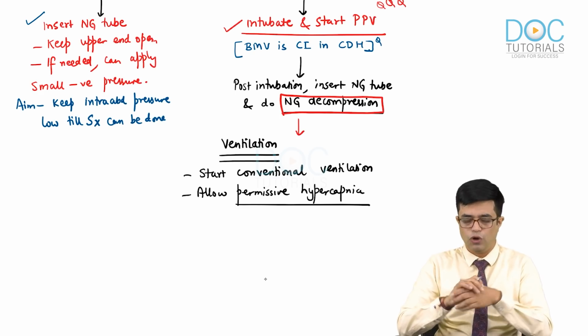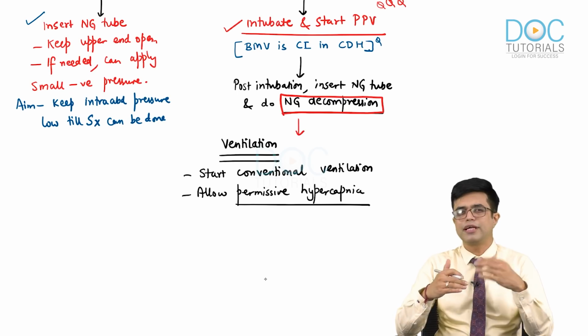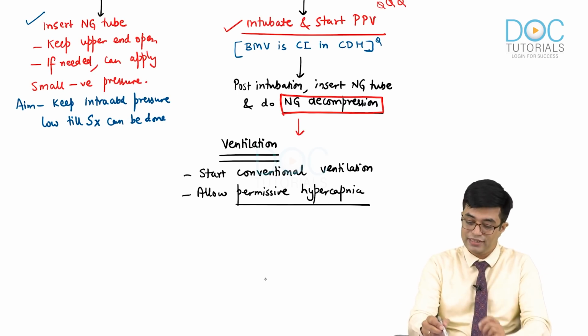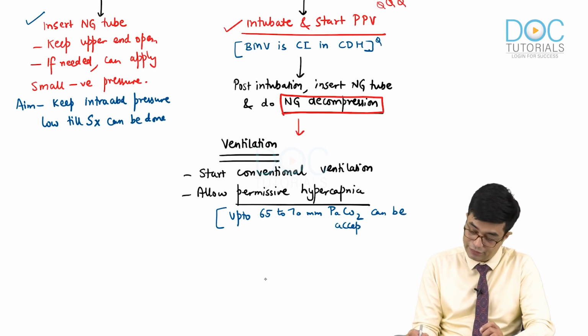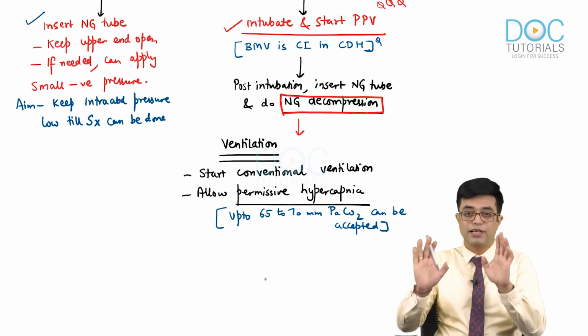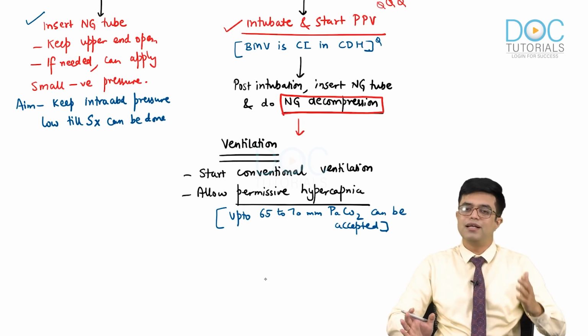When ventilating a person, we aim that PCO2 should not rise beyond 40 millimeters of mercury. But in these children, Nelson says that 65 to 70 millimeters of mercury PaCO2 can be accepted. If it remains around 45 to 50, that is fine. But up to 65 to 70, you cannot go beyond that; you have to keep it less than that.